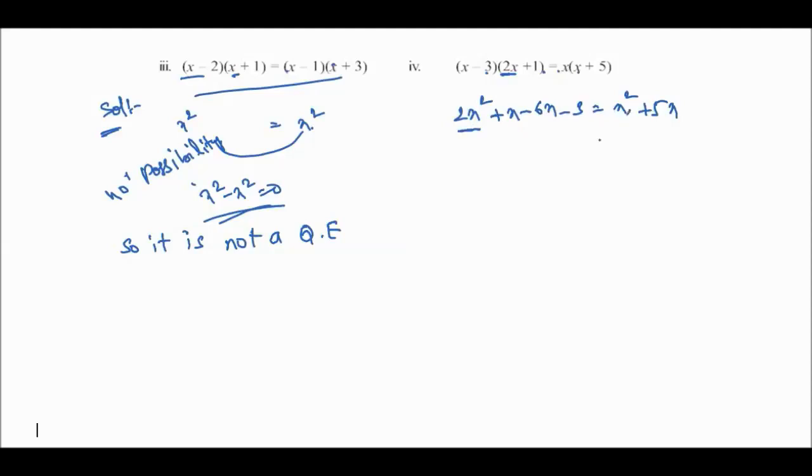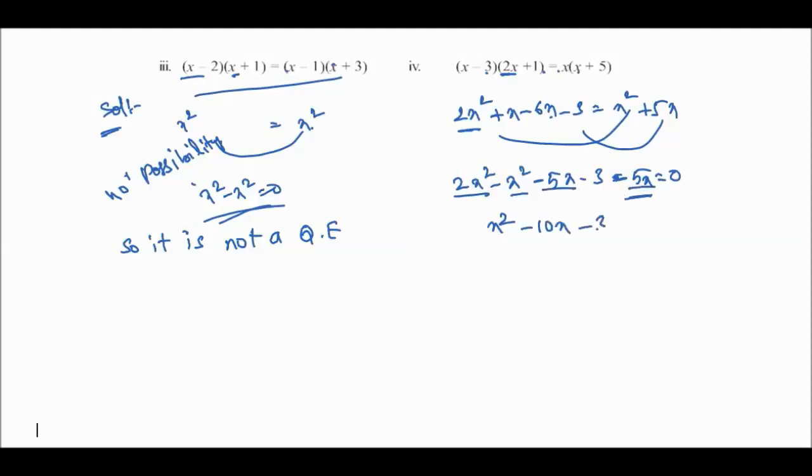So 2x square will come here, 2x square minus x square plus minus 5x minus 3 is equal to minus 5x is equal to 0, plus 6 it will come here minus x. 2x square minus x square is equal to x square minus x minus 5x, minus 10x minus 3 is equal to 0. So it is a quadratic equation.